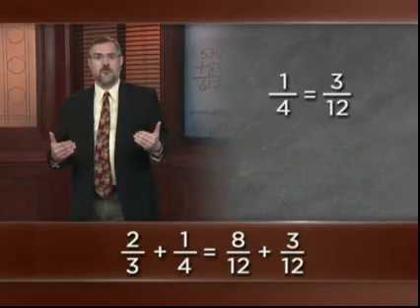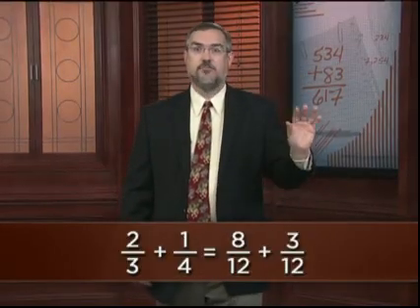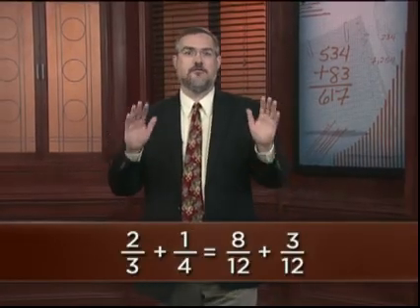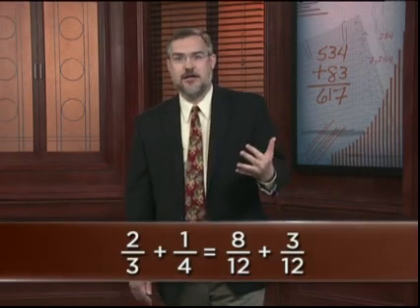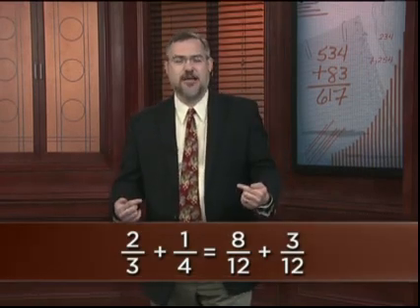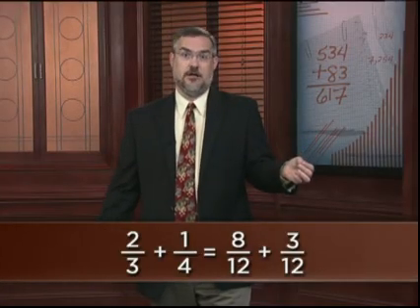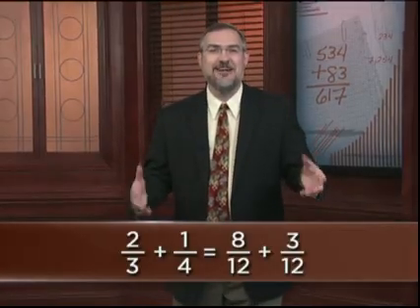And now guess what? We took that original problem, 2/3 plus 1/4, and we've now rewritten it as 8/12 plus 3/12. It is a perfectly equivalent version of the original problem. In fact, whatever answer we get now will be exactly the same as the answer we would have gotten with the original fractions. But the beauty is I now have two fractions that have the same denominator.